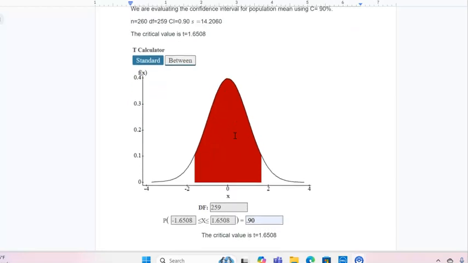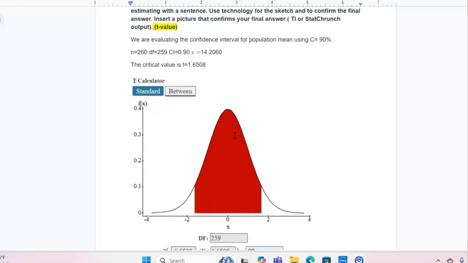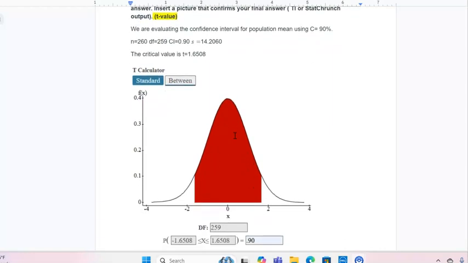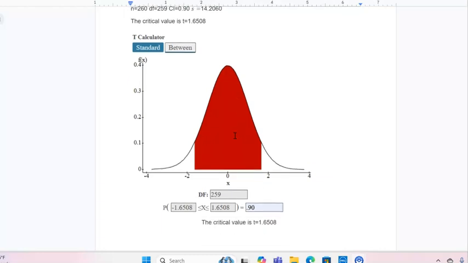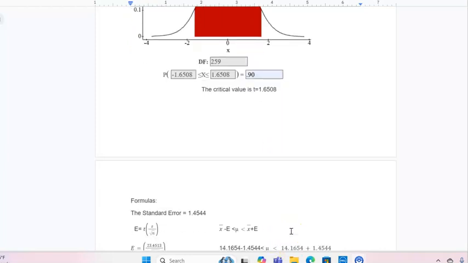The critical value that we got using the StatCrunch output with the t-value got us 1.6508 for the right side, and for the left side we got negative 1.6508, and we're just going to use the maximum, which is going to be 1.658 for a critical value.